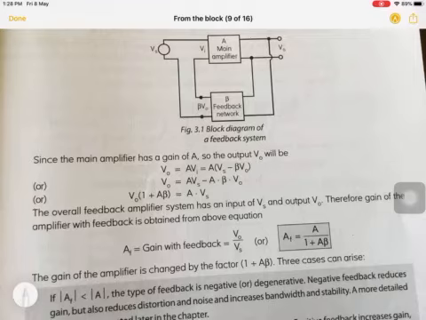If gain is reducing by 1 upon 1 plus A beta, then as we know, the gain bandwidth product is constant, so bandwidth must increase by the same factor, 1 plus A beta. Similarly, input impedance and output impedance will be either increased by 1 plus A beta or decreased by 1 upon 1 plus A beta. This is common throughout negative feedback.